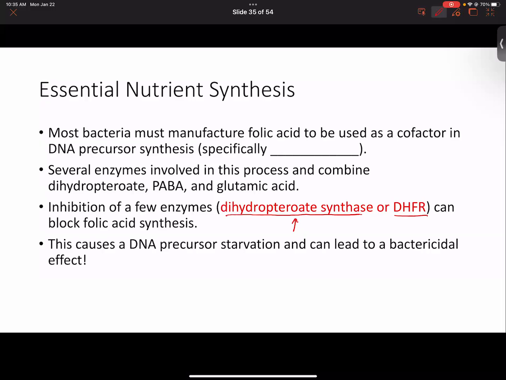This basically takes para-aminobenzoic acid and dihydropteridine diphosphate, smashes them together in its enzyme active site, and makes metabolites that ultimately form folic acid. Dihydrofolate reductase, we'll talk about that in a second. If you inhibit this enzyme, along with that enzyme in particular, you can largely induce a bactericidal effect in susceptible organisms.